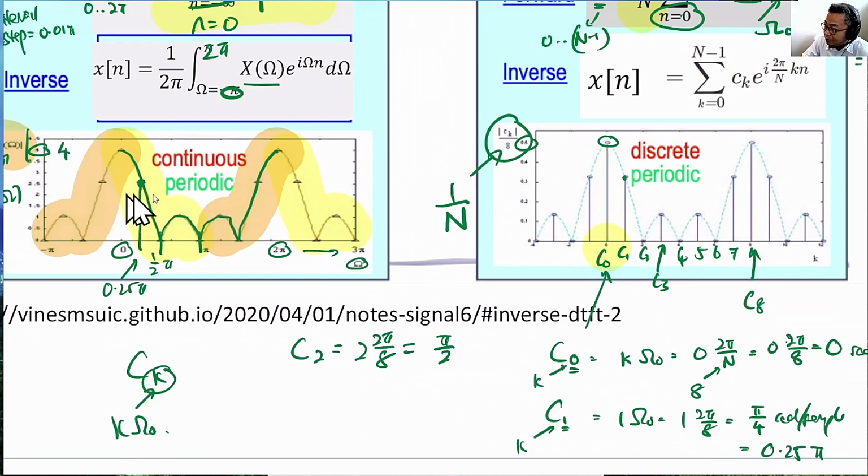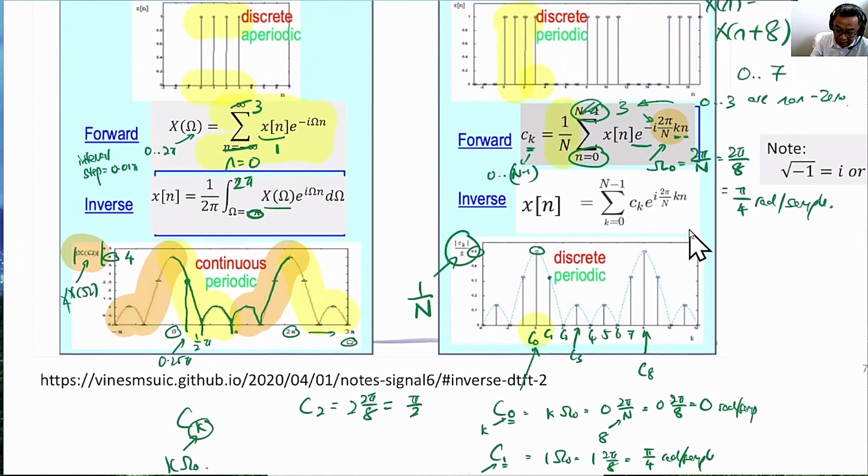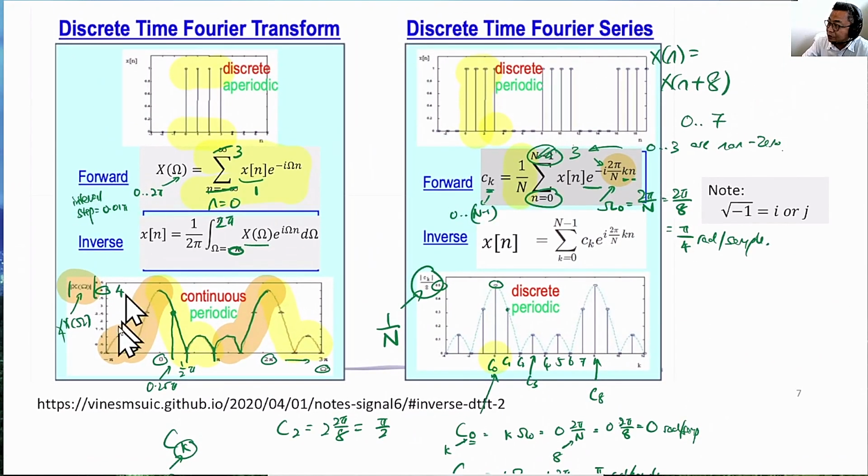You have its magnitude and phase. The difference now is clear between discrete time Fourier series and Fourier transform. It is a sampled version of the frequency response X of omega, because we are only sampling at different frequencies and they are at fixed intervals of k omega naught. And not only that, the amplitude is scaled by 1 over N.